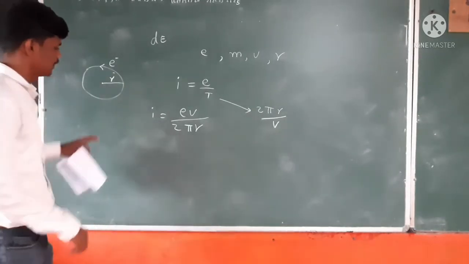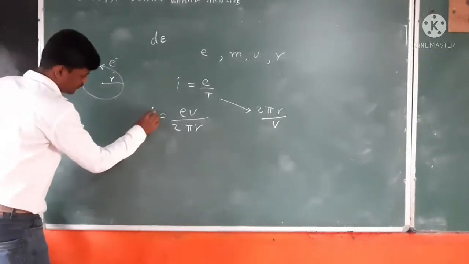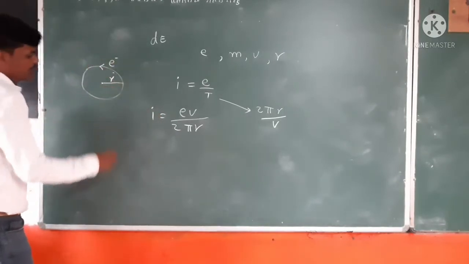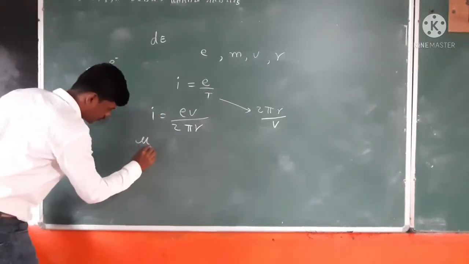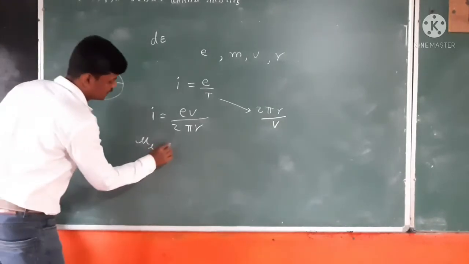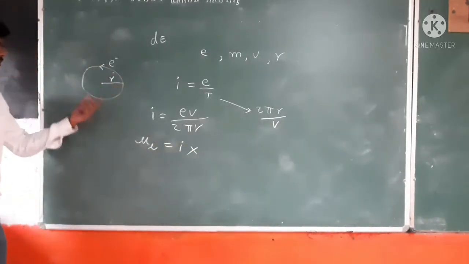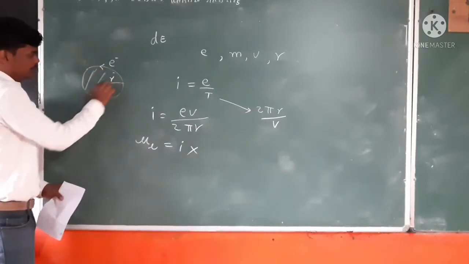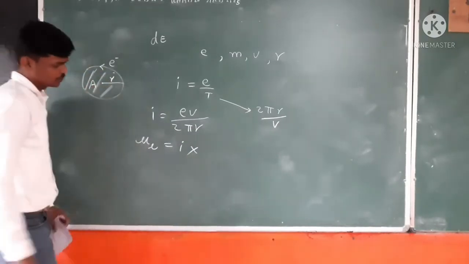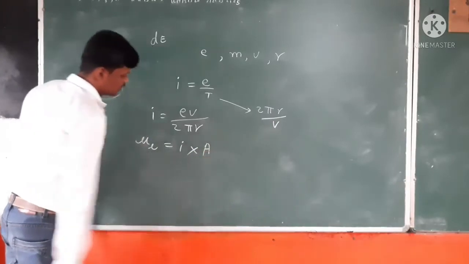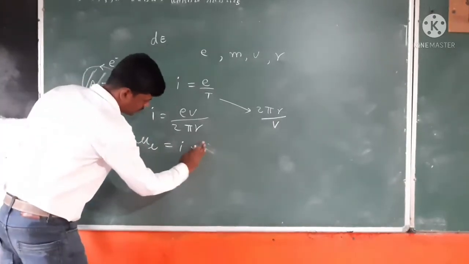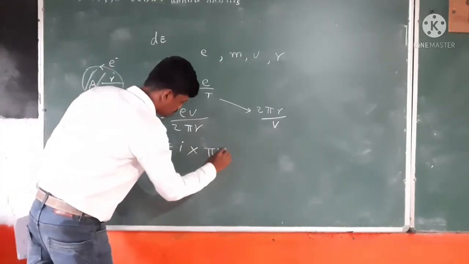So the magnetic moment, now there is an electron moving in its orbit. So we know the magnetic moment mu L will be current into the area enclosed by this loop. This total area, capital A, which is nothing but pi r square.